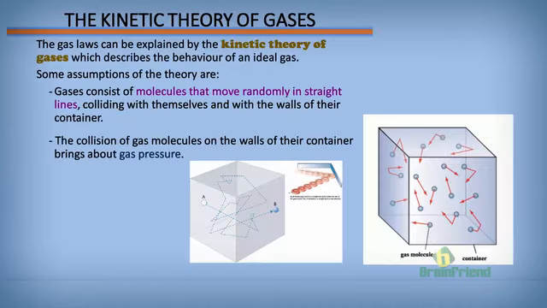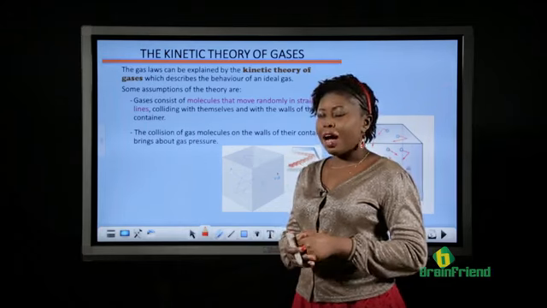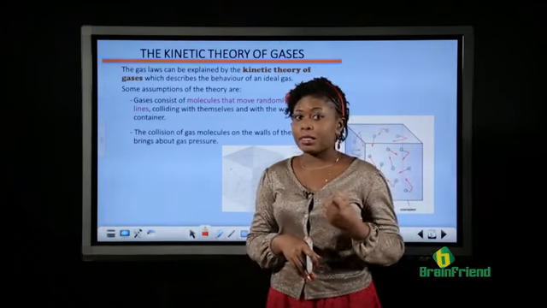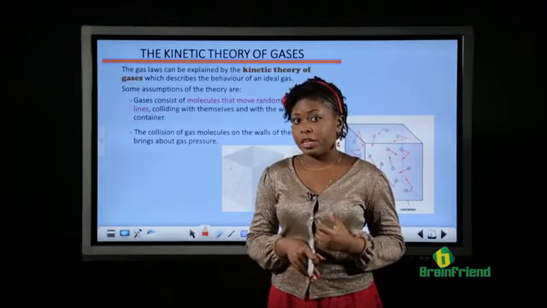Now, gas laws can be explained by the kinetic theory of matter, okay? This kinetic theory makes a lot of assumptions about how an ideal or perfect gas should behave.